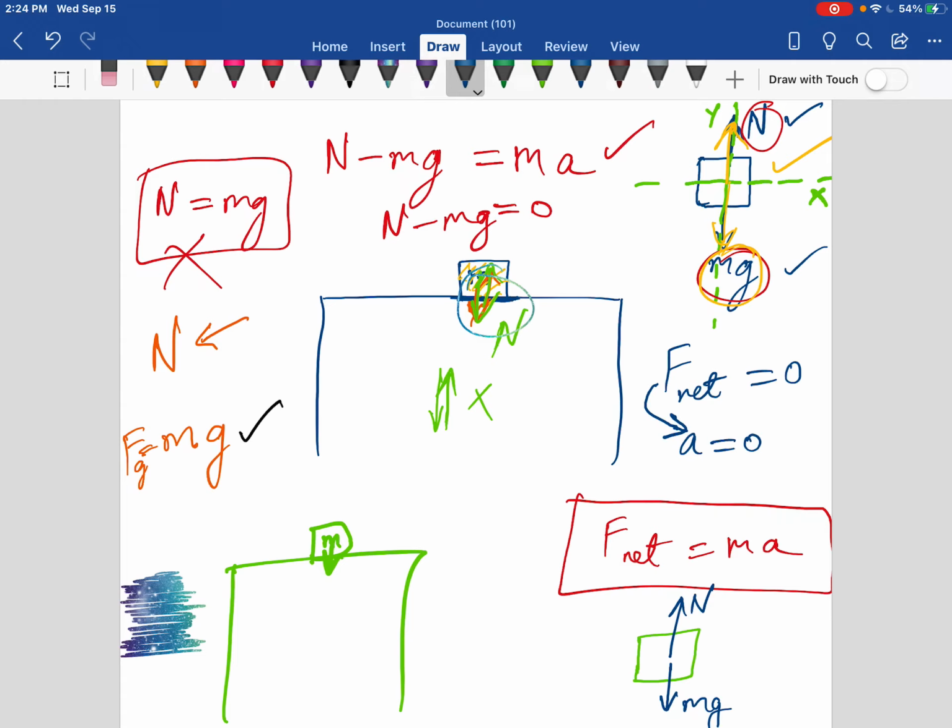External forces are forces which other things are applying on that object. So first we have to select an object which we are interested in, and then figure things out. We selected this object, and then we are drawing the forces on that object. These are the only two forces on that object.